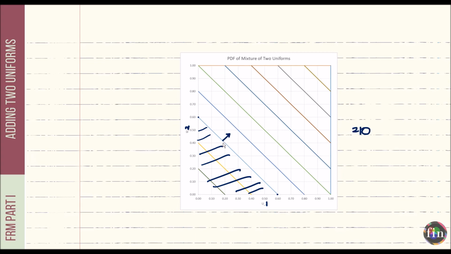If you make it 240, maybe you will move towards the right like this. Okay, now when you move towards the right, see what is happening. The probability is the area of the triangle divided by the area of the square. What is the area of a triangle? It is half base into height. So when I move this line out, the base is increasing and the height is also increasing.